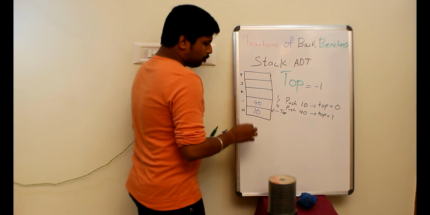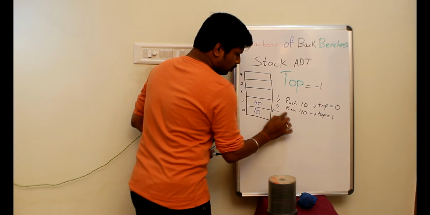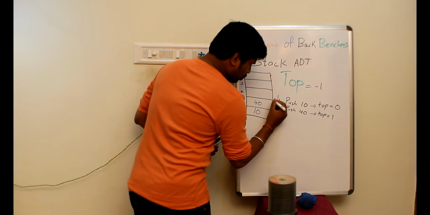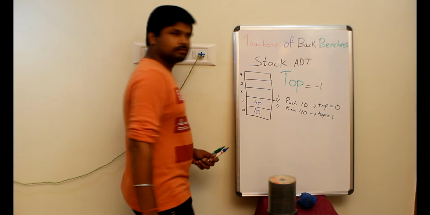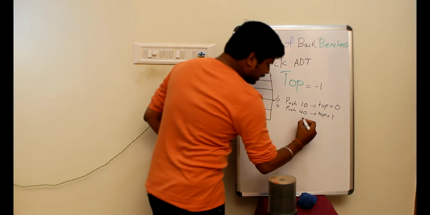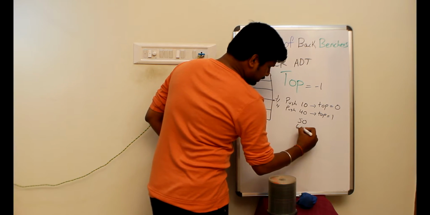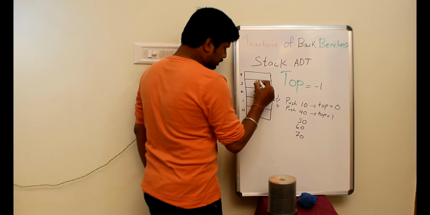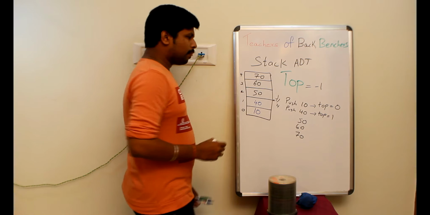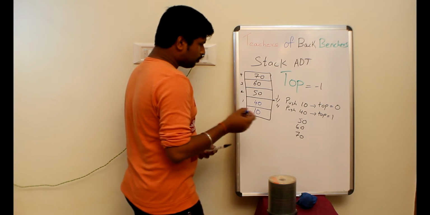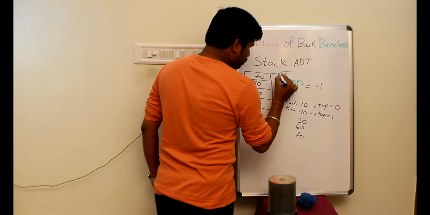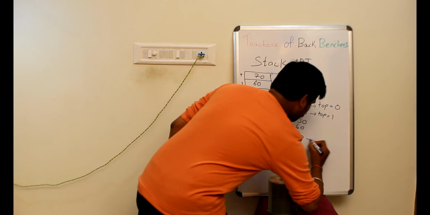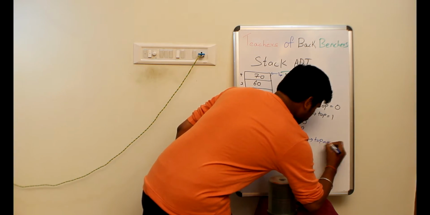So the value of top goes from 0 to 1. Similarly, after inserting the values 50, 60 and 70, the top goes to 2, 3, 4. So top goes to position 4.